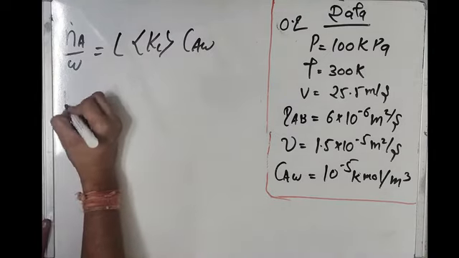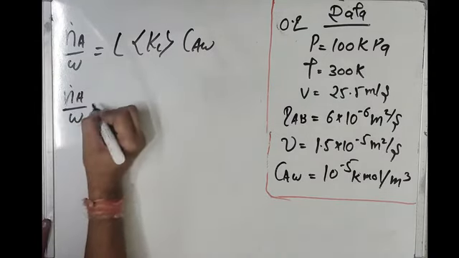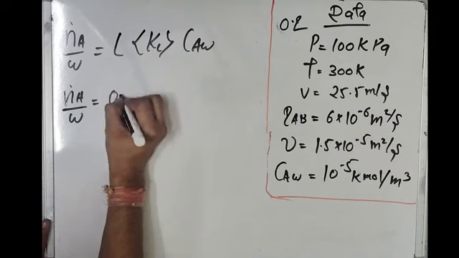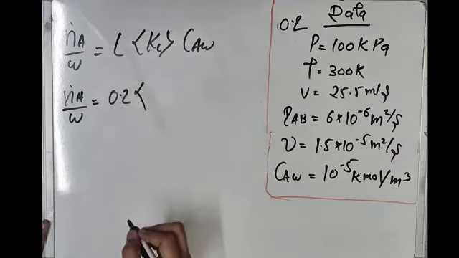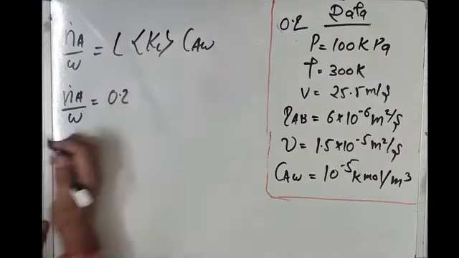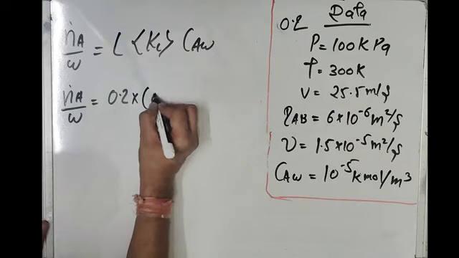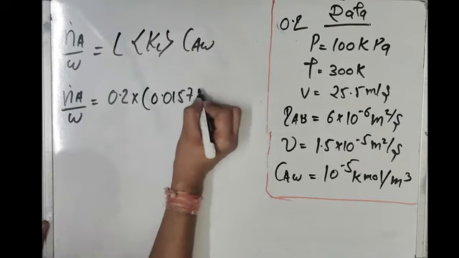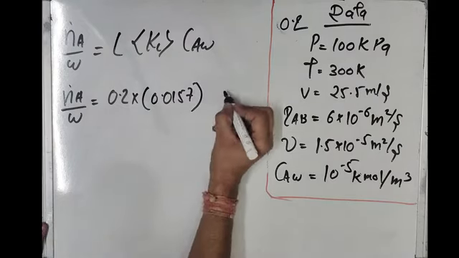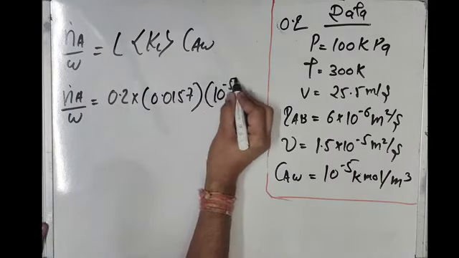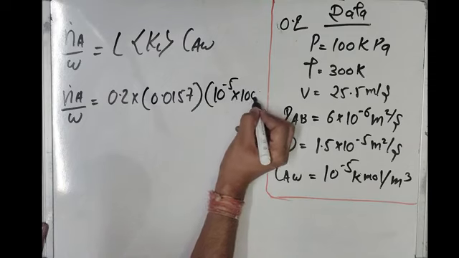So now substituting the values, the length is given as 0.2 meter, the Kc that we had calculated is 0.0157, and the concentration of naphthalene on the surface is given to us as 10^-5 into 1000.